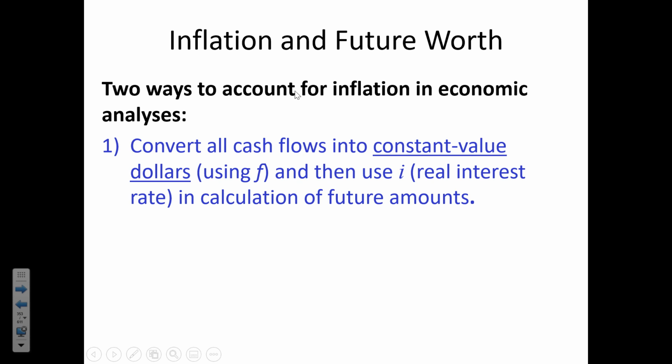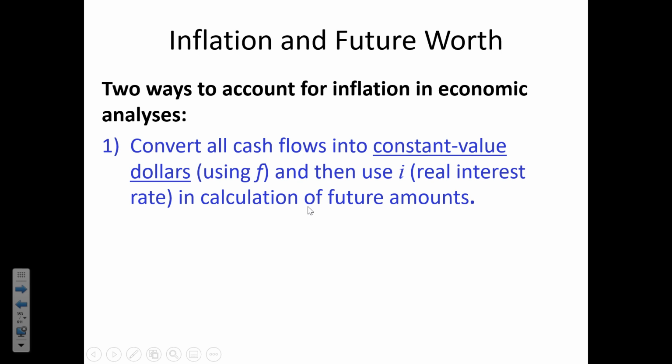But when you're trying to find out what happens for future dollars, you can convert all of the cash flows in a business opportunity to constant value dollars. What that means is that you would discount future costs at the inflation rate F. So in option 1, you're trying to cancel out the effect of inflation by discounting at F, and then you would use the desired real interest rate that you hope to achieve in calculating the future amounts.